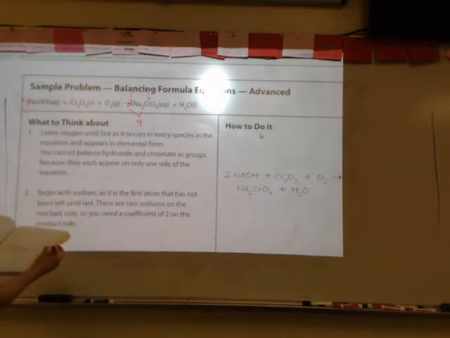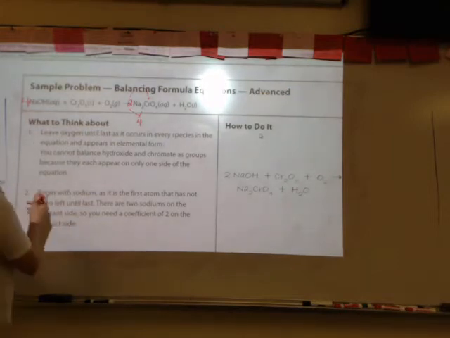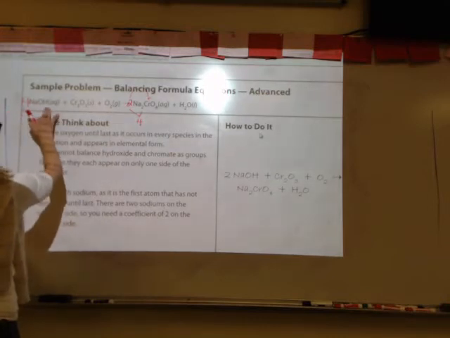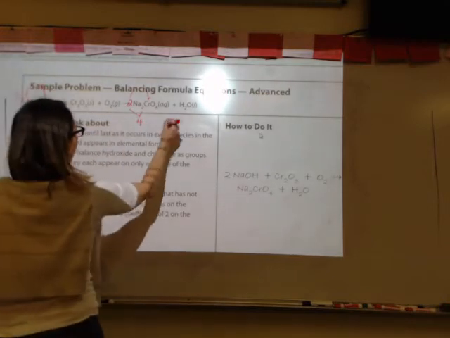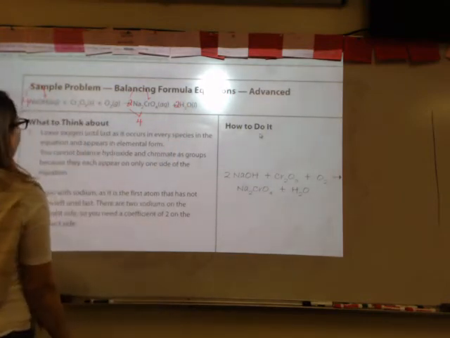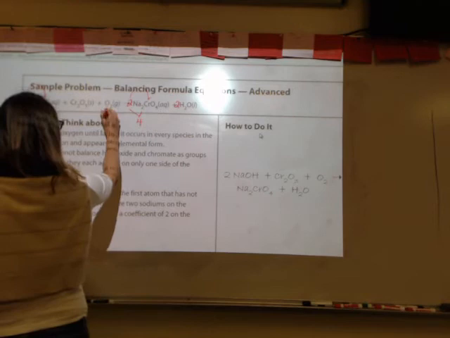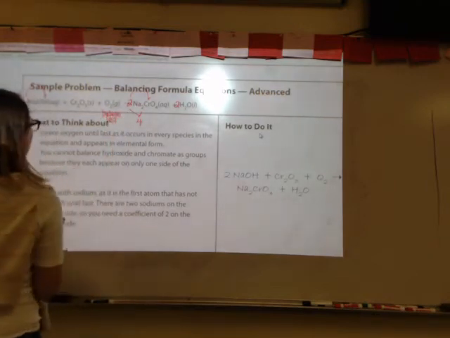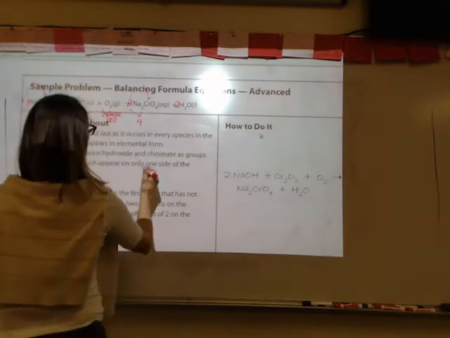Then I'm going to take a look at, I have 4 hydrogen here. I have 2 hydrogen here, so I'm going to put a 2 in front of H2O. And I want to balance this O2 last because it's pure, and it'll just make life a lot easier.